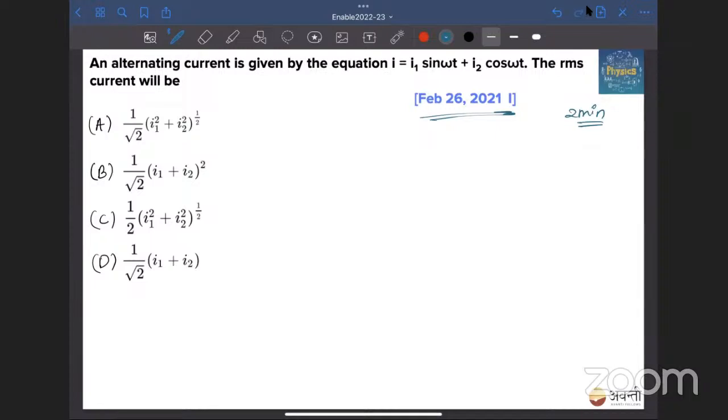I'll read the question once. An alternating current is given by the equation I equals I1 sin omega t plus I2 cos omega t. So current is flowing like this. It is asking what the RMS current will be. Okay, I got one answer.